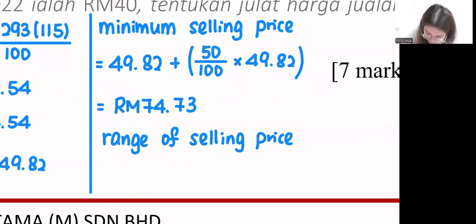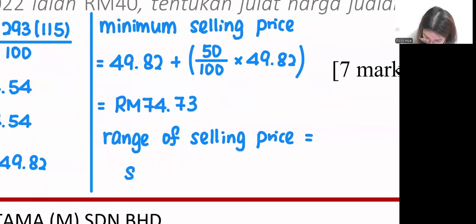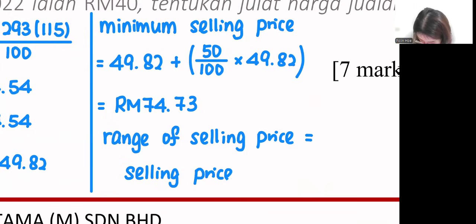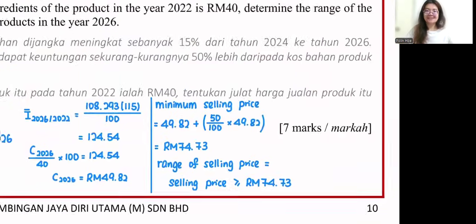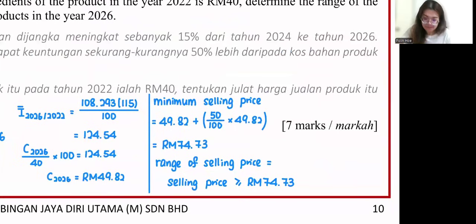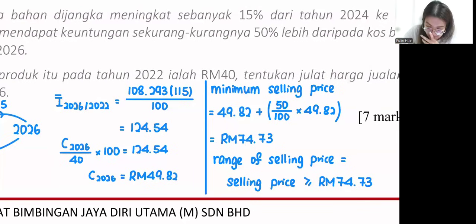No, 不可以哦。它是一个 inequality 啊。The selling price must be minimum 大过或等于 RM74.73。老师，我一点都不开心，你怎么笑得这么开心？1 mark?